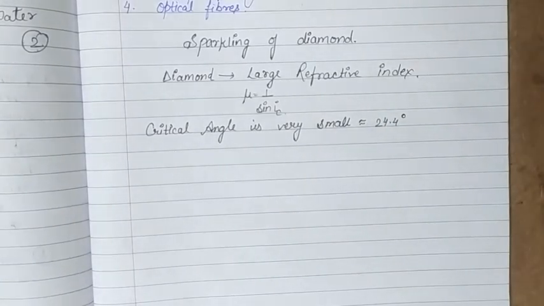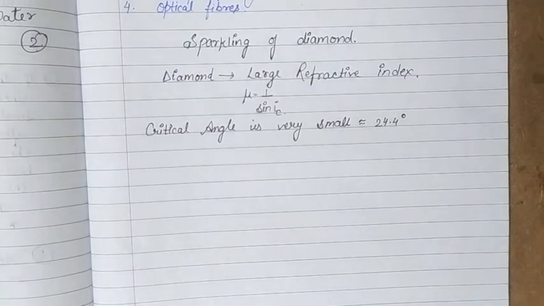This is a very small angle, and the faces of diamond are cut such that the light entering the crystal suffers TIR repeatedly.